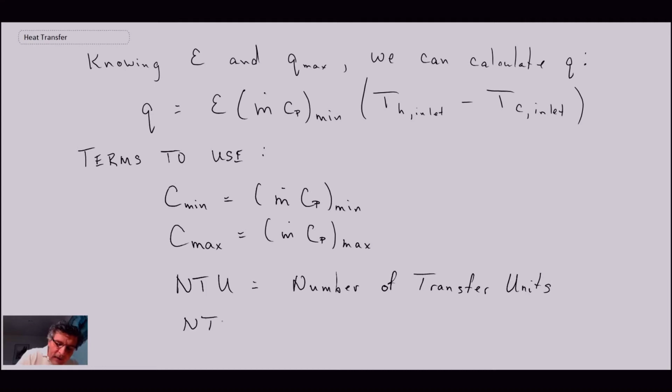NTU is defined as our overall heat transfer coefficient multiplied by the area divided by C min for the minimum fluid. And this is going to come from figures or equations.